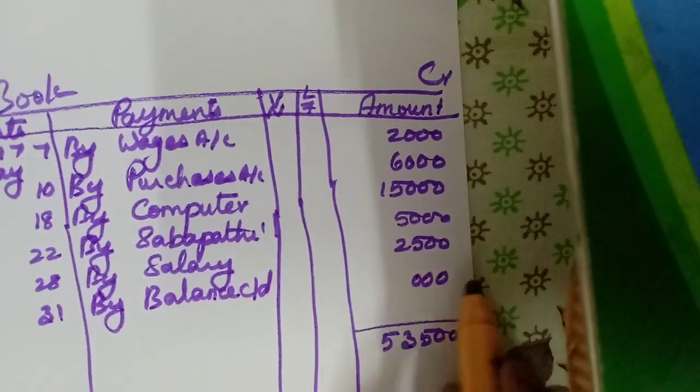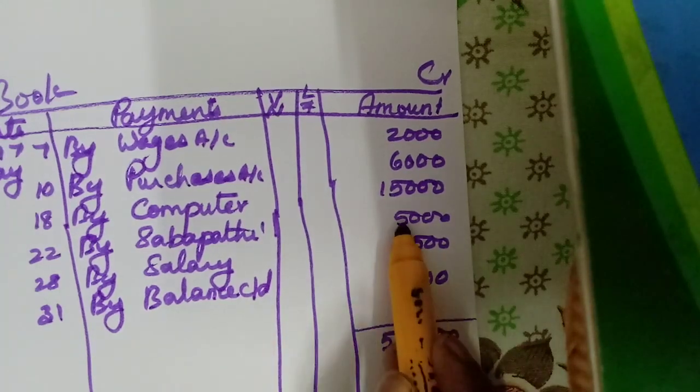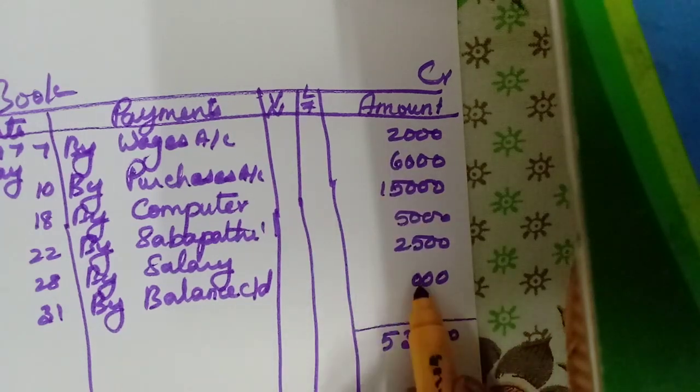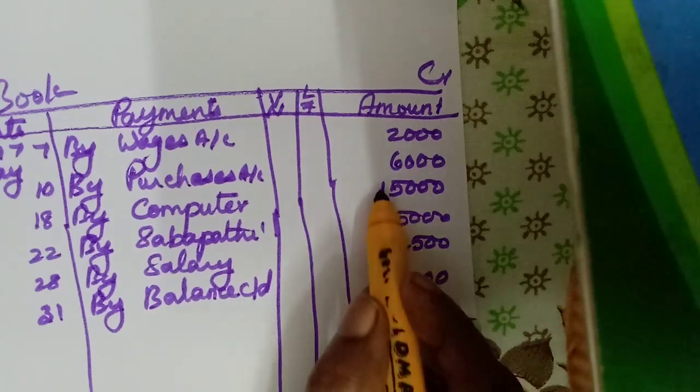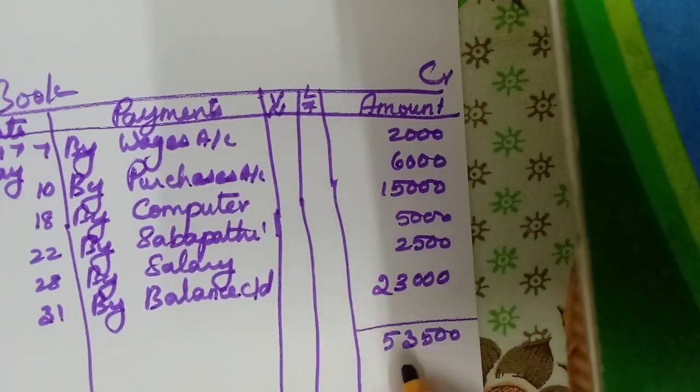So 7, 12, 18, 20, 23. So 23,000 balance.